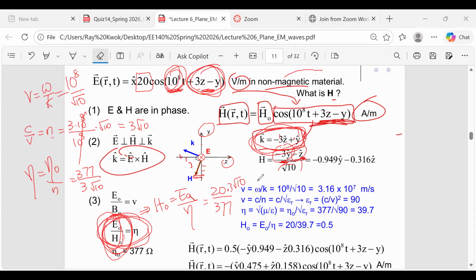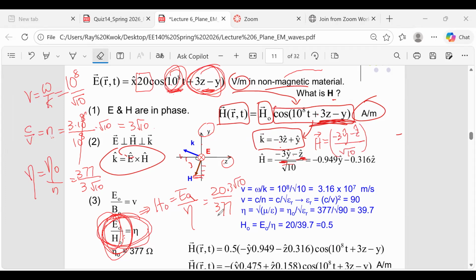So altogether, what do I have? I have H field is equal to, the direction is minus 3y hat minus z hat divided by square root 10.